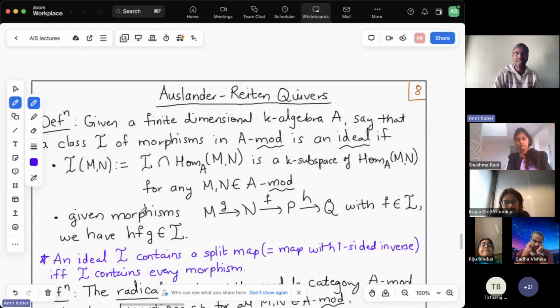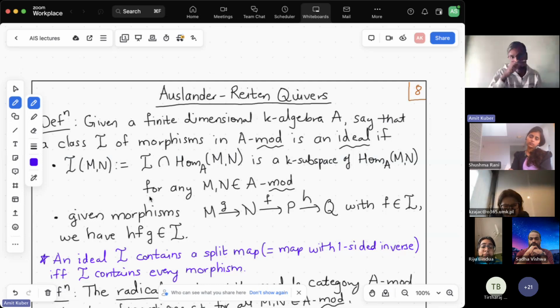And this is the second condition, that whenever you have a triple of composable morphisms and the middle one belongs to the ideal, then so does the composition. So multiplication here is replaced by composition. Multiplication is composition.